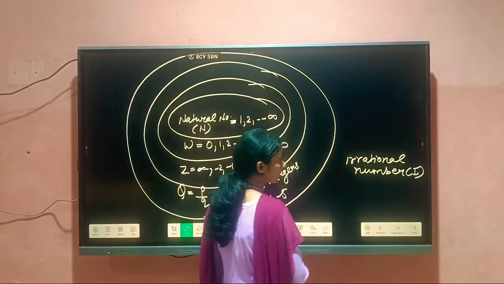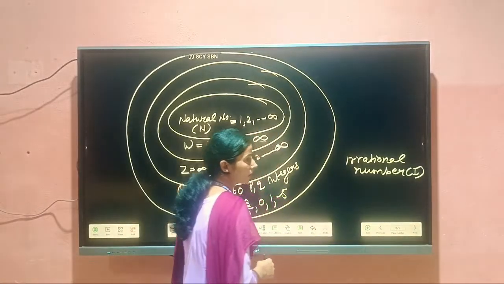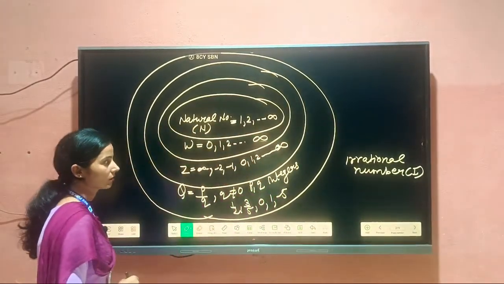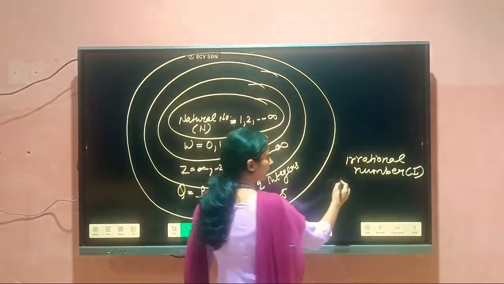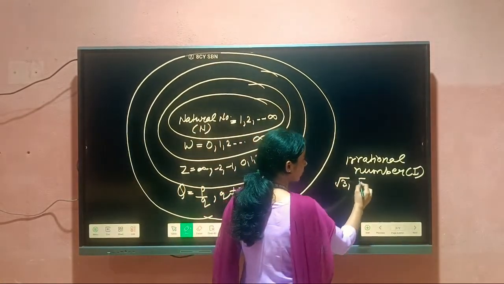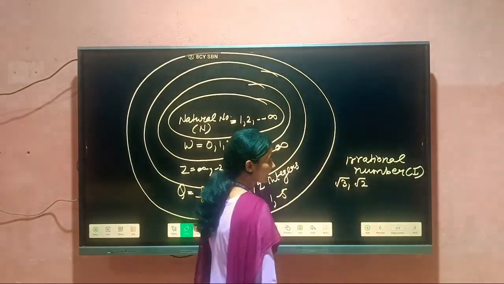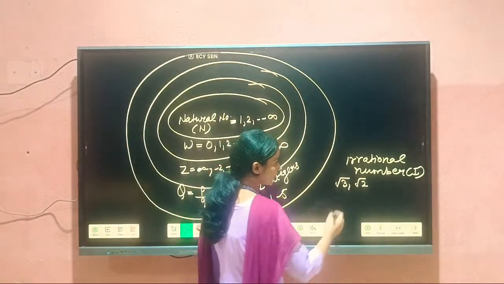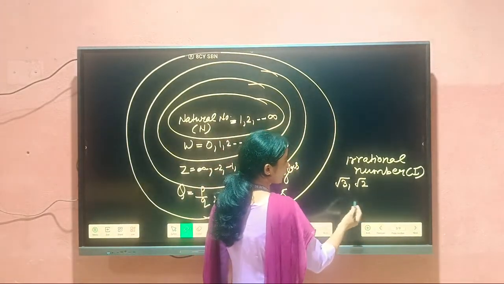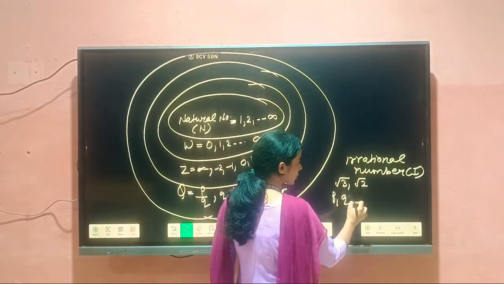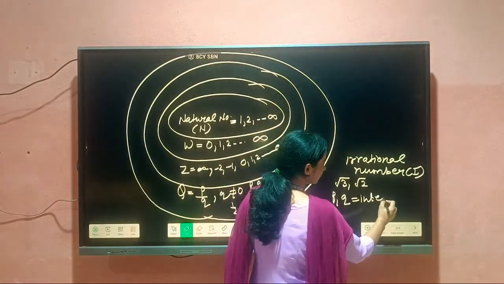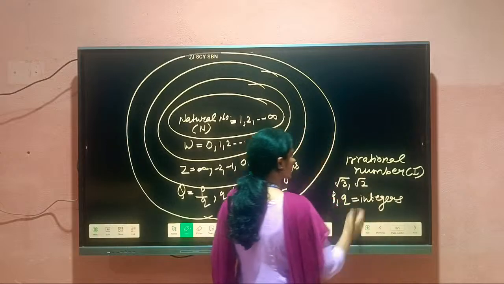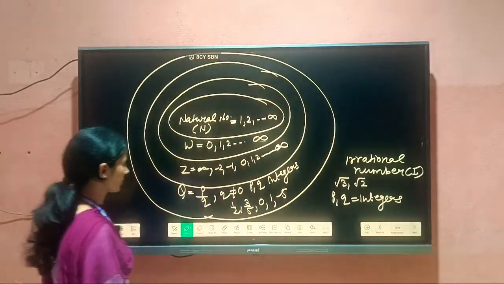The real numbers which we can't write in p/q form are irrational numbers. Examples: √3, √2. We can't write these in p/q form because p and q must be integers, and root 2, root 3 are not integers.